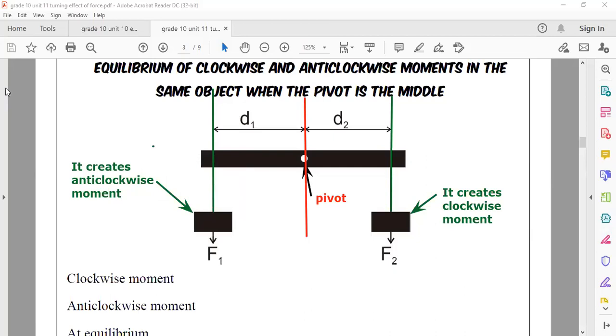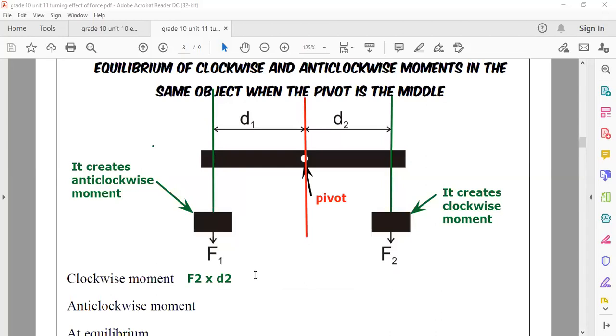Right. Then clockwise moment is how much? F2 multiplied by D2. Understood? Yes, sir. Do you agree? Yes, sir.